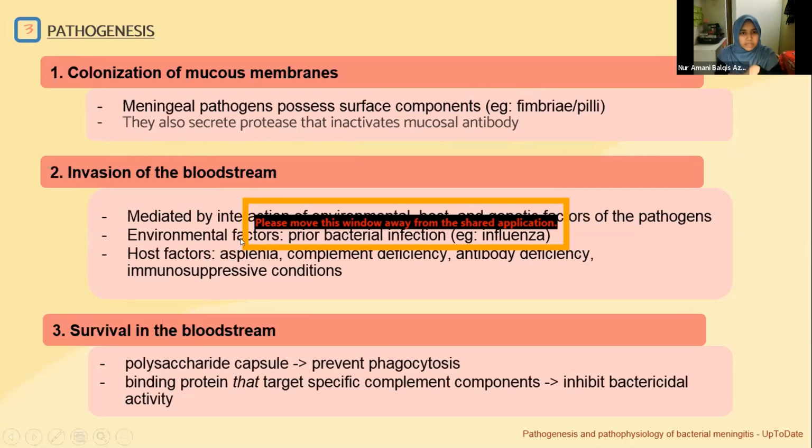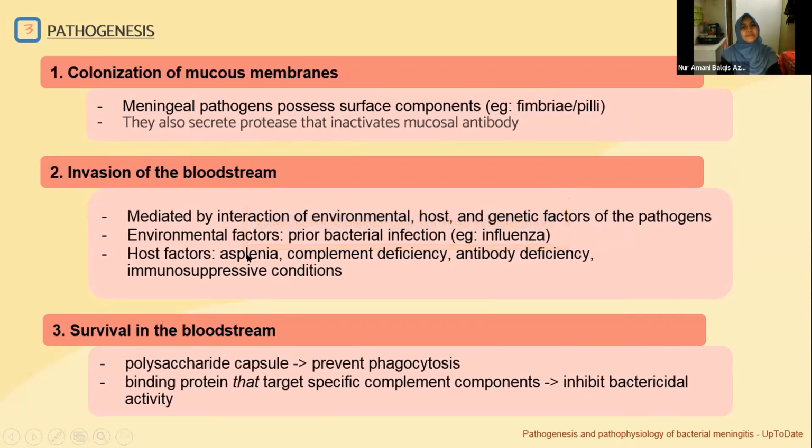For environmental factor, for example, if the child has prior bacterial infection, and for host factor, as I mentioned earlier, if the child is immunodeficient due to asplenia or complement deficiency or antibody deficiency or any immunosuppressive condition.